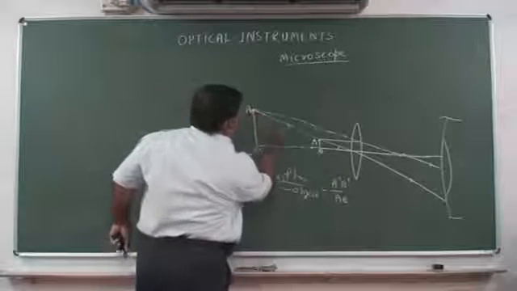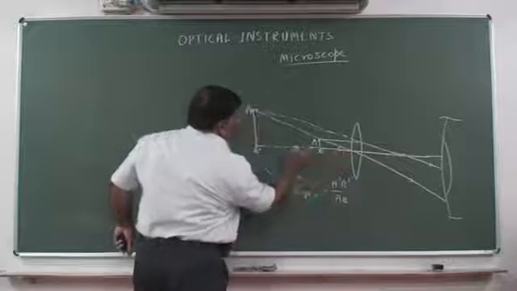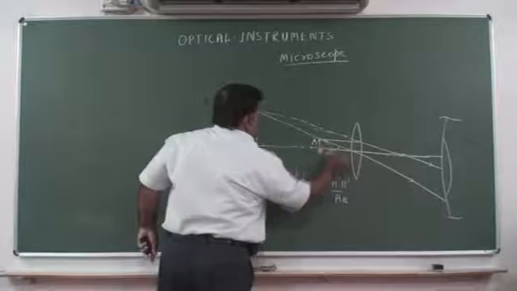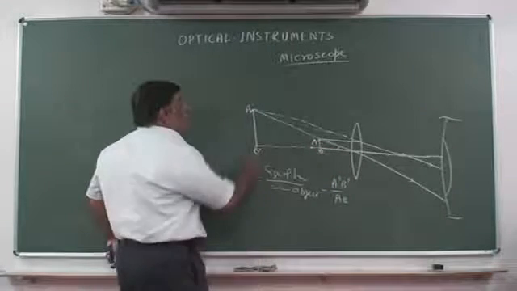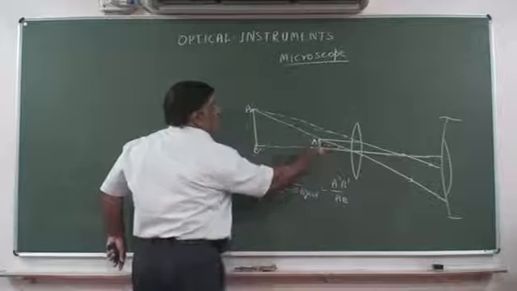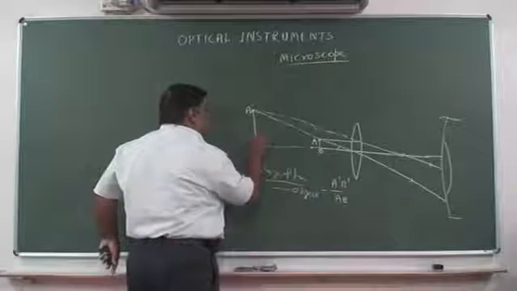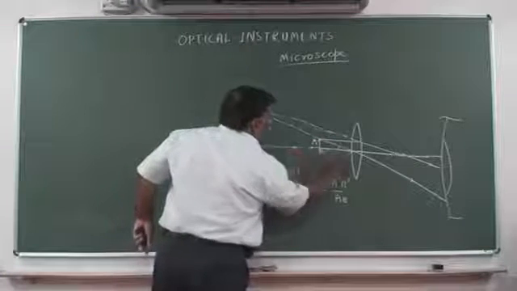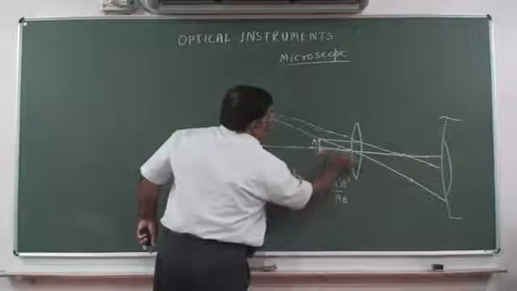If you compare these two triangles, one containing A dash B dash and one containing AB, these two are similar triangles, so the ratio of this line upon this line is equal to the ratio of this line upon this line.